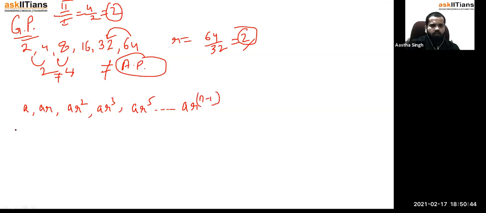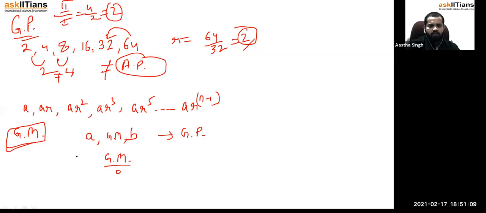Now we'll talk about the geometric mean between two numbers A and B. A mean is something which lies between them. So let us say the geometric mean lies between them, and as this series is in GP, its ratio will be the same. It means the second number by the first number is equal to the third number by the second number.